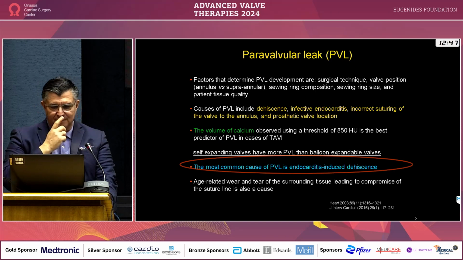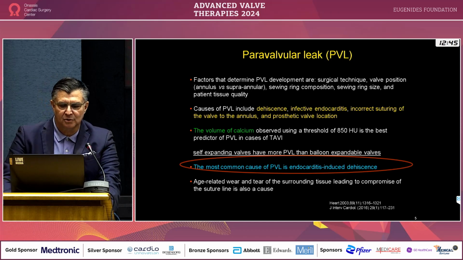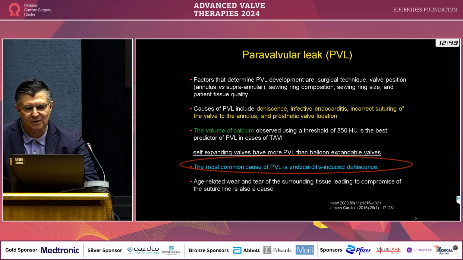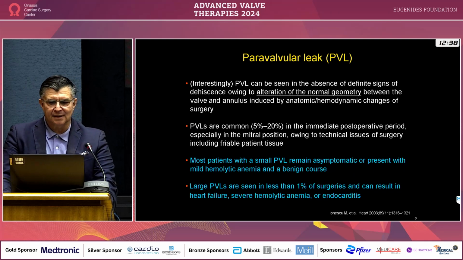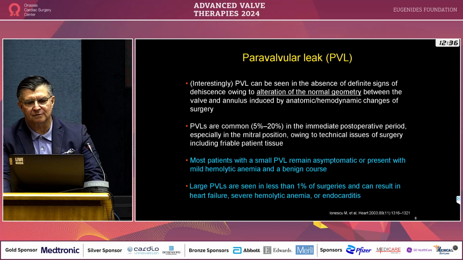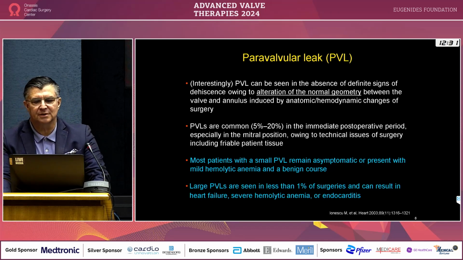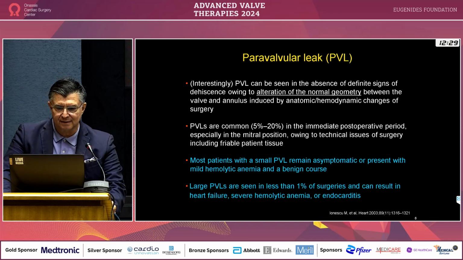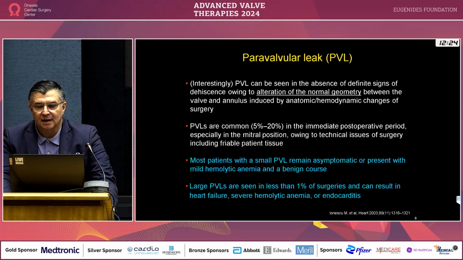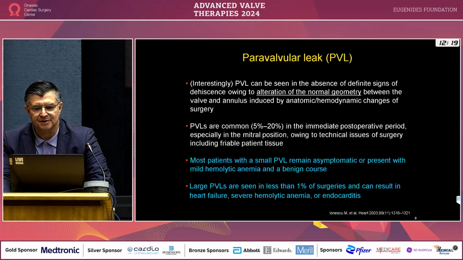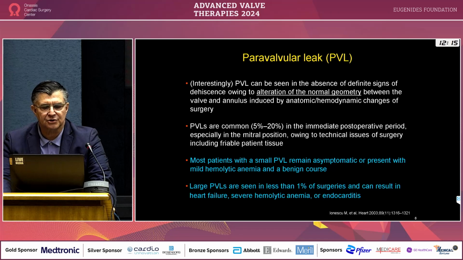The most important statement in this slide is that the most common cause of PVL is endocarditis-induced dehiscence. Interestingly, PVL can be seen in the absence of definite signs of dehiscence owing to alteration of the normal geometry between the valve and annulus, induced by anatomical and hemodynamic changes of surgery. PVLs are common, 5 to 20% immediately after implantation, especially in the mitral position.